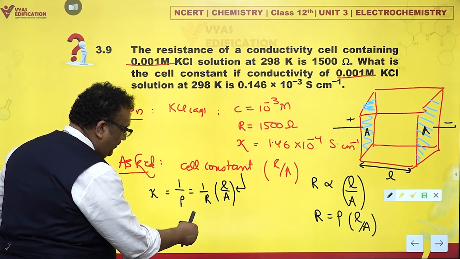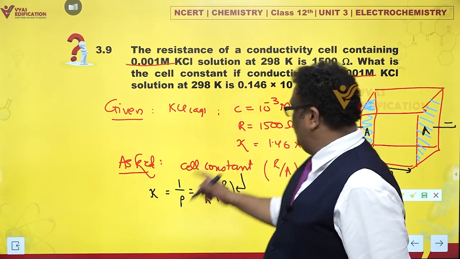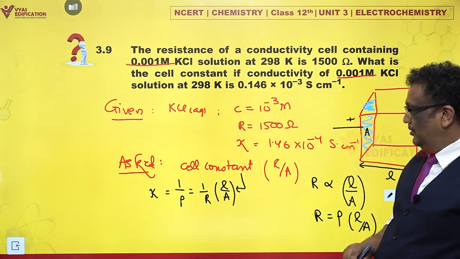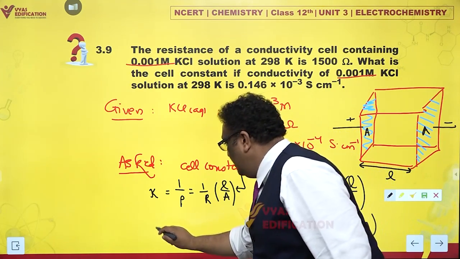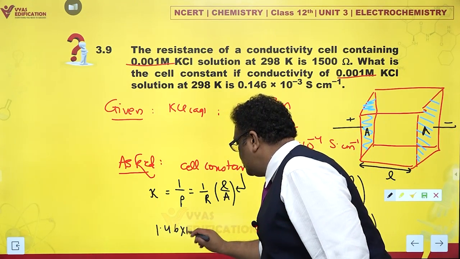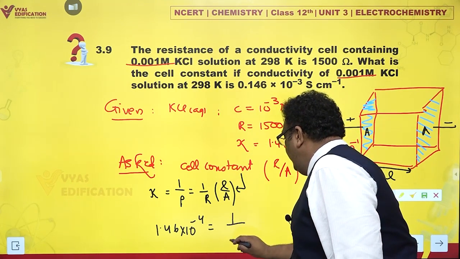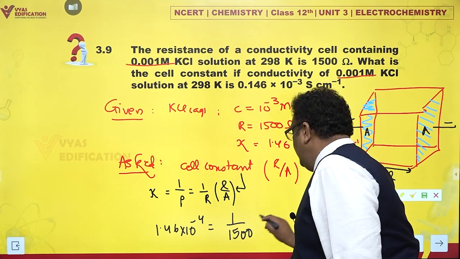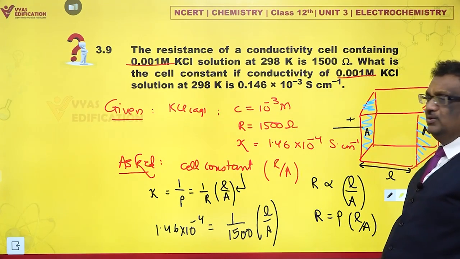L by A is called the cell constant. 1 by R is nothing but the conductance, and rho is specific resistance, so 1 by rho is specific conductance kappa. By definition, we define this as kappa. Kappa is a Greek letter which is used to denote specific conductance. That's it. What do we do? Substitute. 1.46 into 10 raised to minus 4 is equal to 1 by R, 1 by 1500, L by A. Oh my God, do I not need concentration?